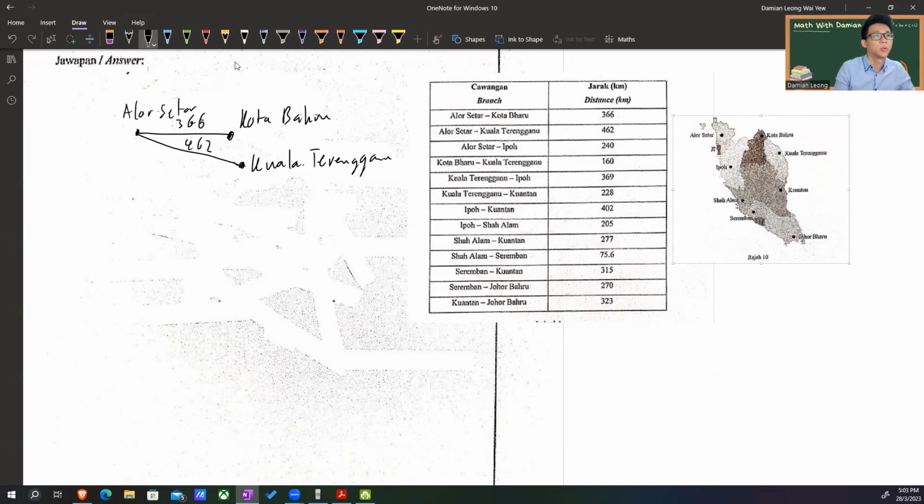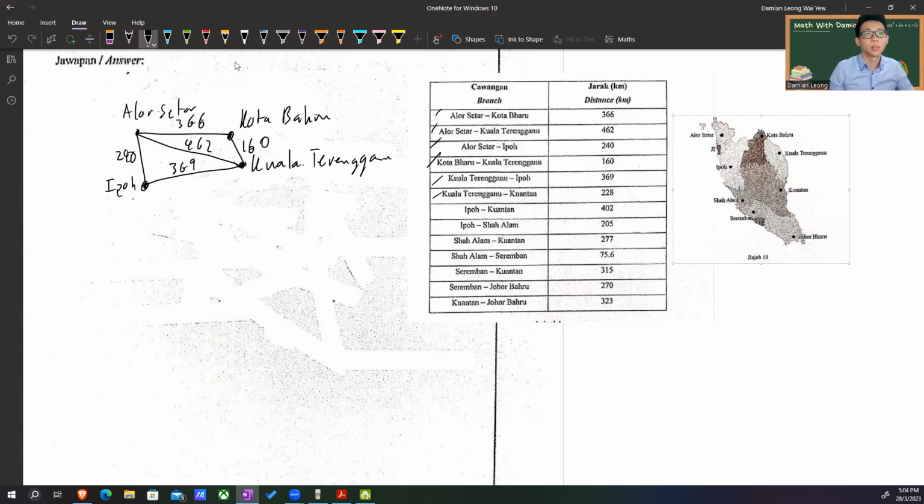Alosta to Ipoh, 240. Kota Baru, Kuala Terengganu, 160. Then done this 4. And Kuala Terengganu, Ipoh, 369.